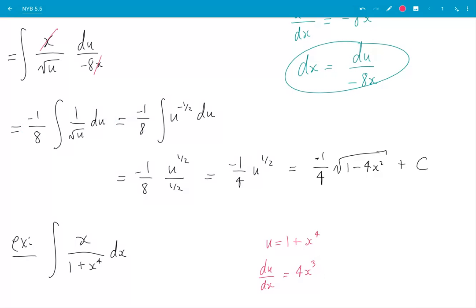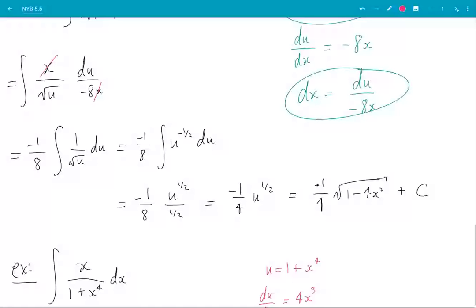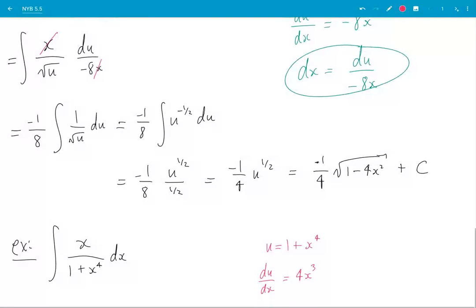If you have mixed variables, you are in deep trouble. You have either made a mistake or you have chosen your u poorly. So mixed variables in this class are a very bad thing.